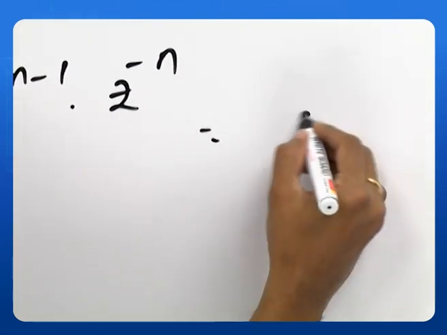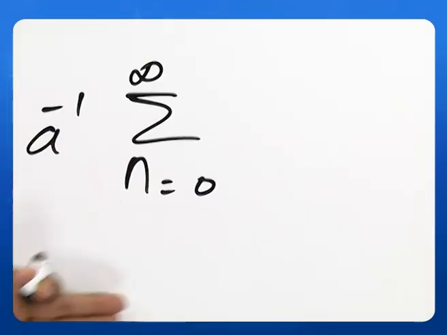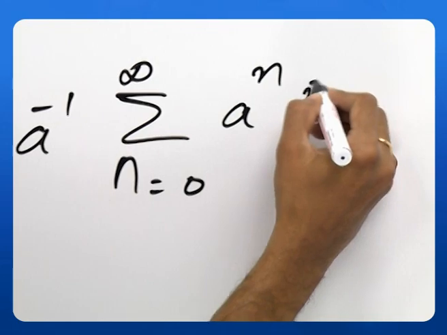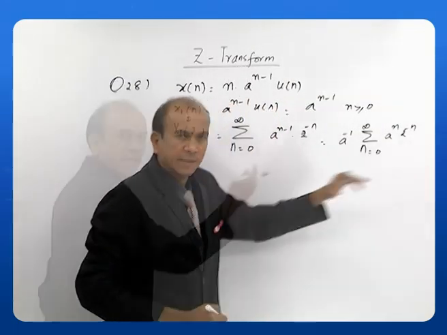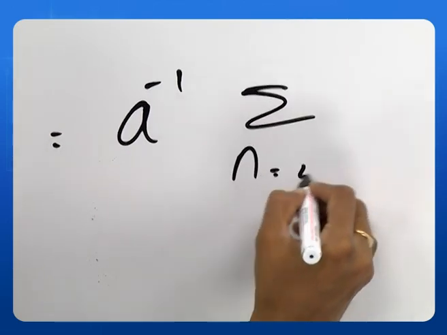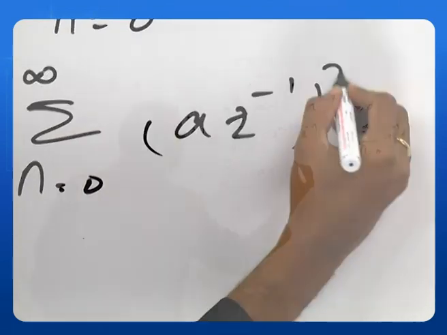So what I will do is, I will take out a to the power of minus 1 here. This will be equal to a to the power of minus 1 summation from n is equal to 0 to infinity a to the power of n z to the power of minus n. Now let us write this again here, a to the power of minus 1 summation n is equal to 0 to infinity a z to the power of minus 1 whole to the power of n.